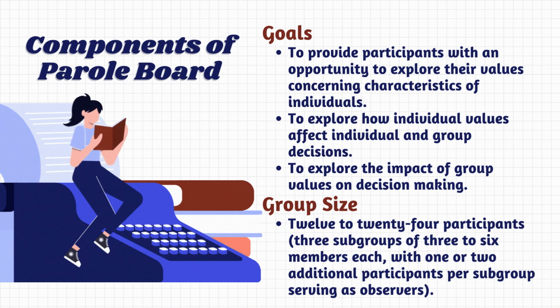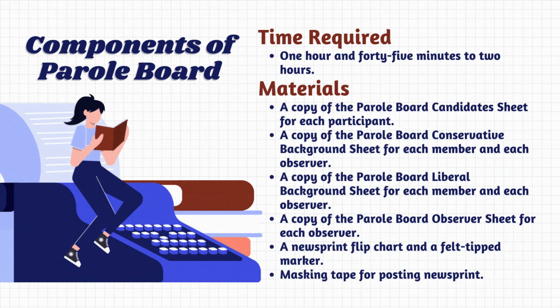For the group size, you need to have 12 to 24 participants with 3 subgroups of 3 to 6 members each, with 1 or 2 additional participants per subgroup serving as observers. For the time required, it will run for about 1 hour and 45 minutes to 2 hours.